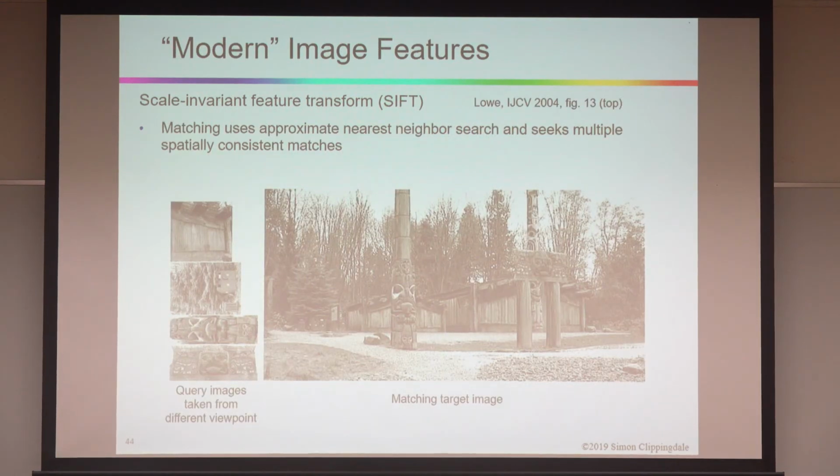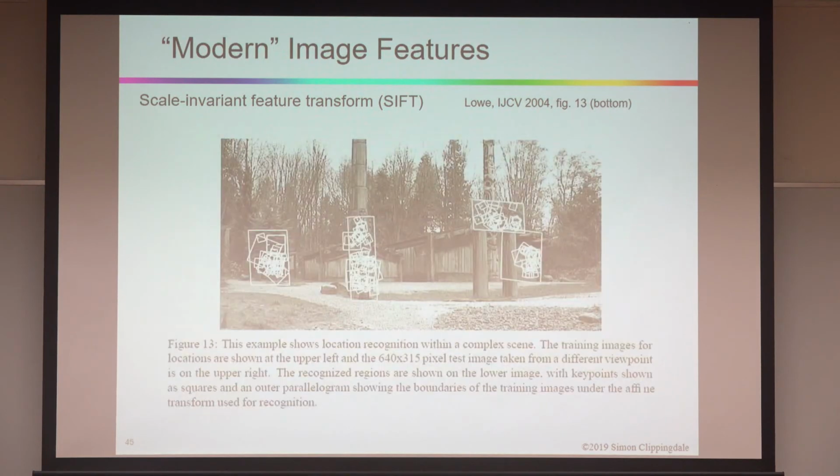Then this is an example of matching using these SIFT features. Here's a target image, and here are 4 local images that we want to find in this target image. They're taken from a slightly different camera viewpoint, and it's quite a difficult matching problem. And here are the 4 regions found, the outer rectangles.